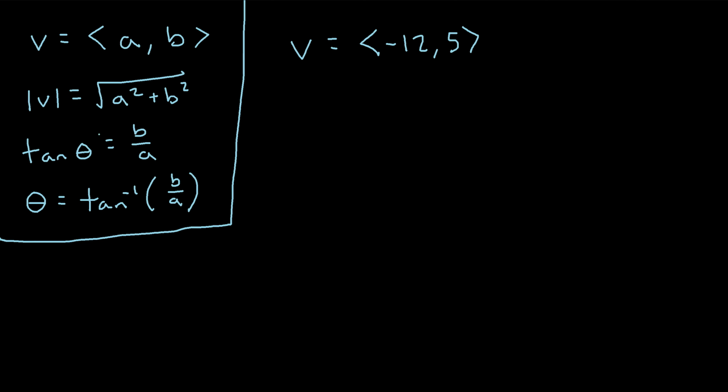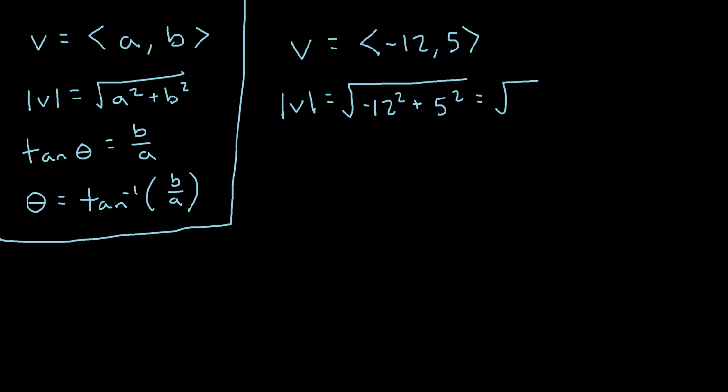All right, let's try another example. Let's say we have a vector with a horizontal component of -12 and a vertical component of 5. How can we find the magnitude and direction of this vector? So the magnitude is equal to the square root of A squared plus B squared. So A is -12 squared, plus B squared. B is 5, so we have 5 squared.